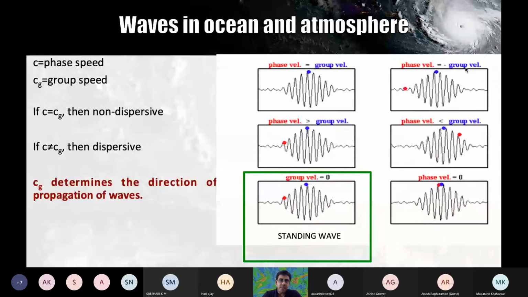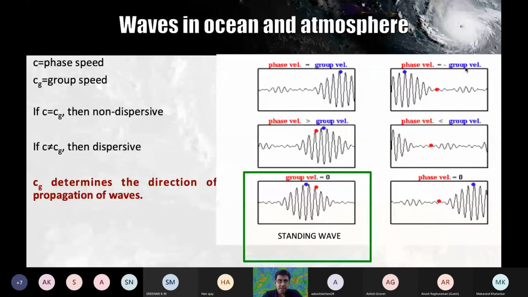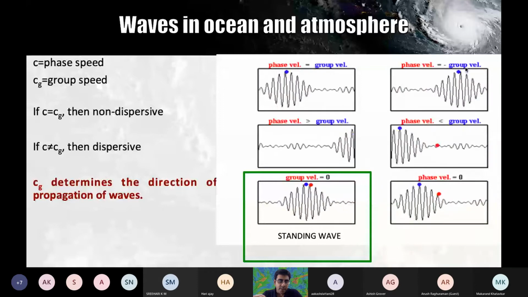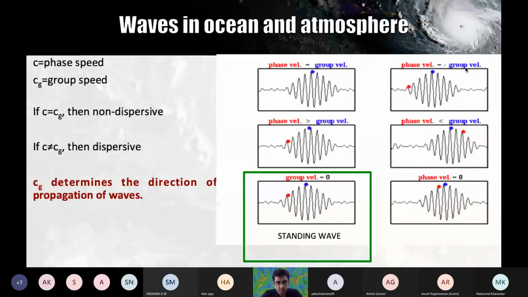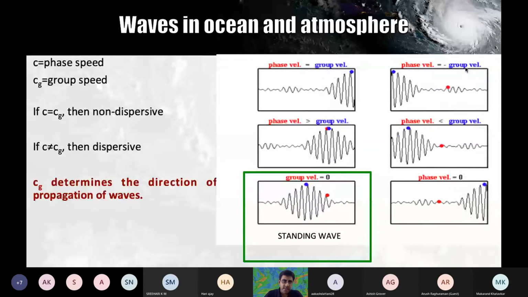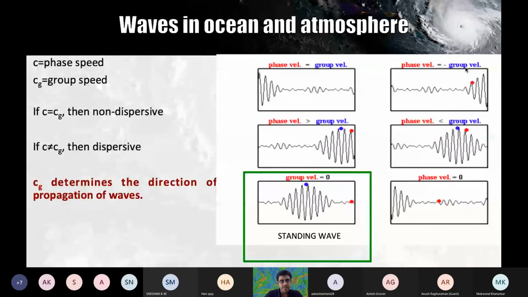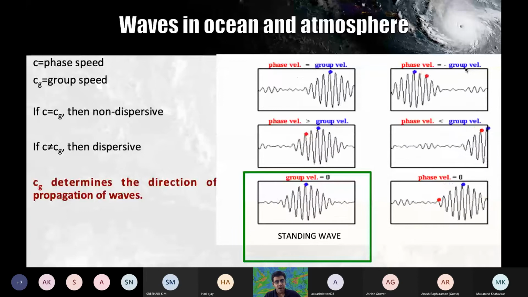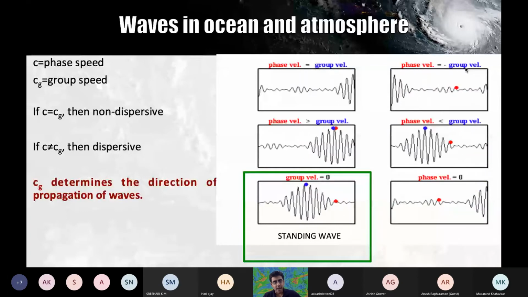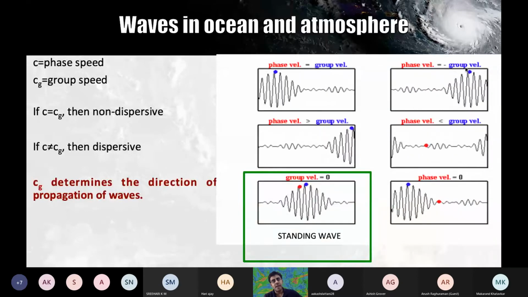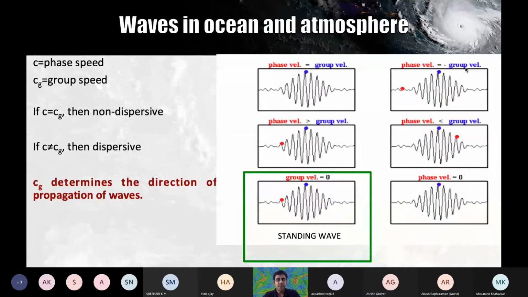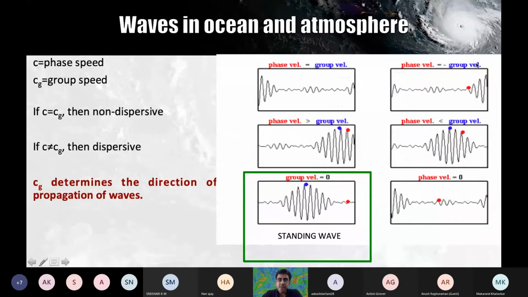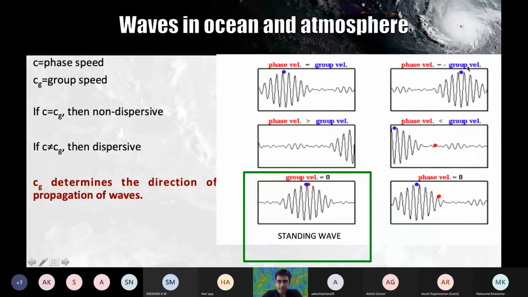This matters for weather because we sometimes see that the wave has passed into the Arabian Sea, but then the system is forming in the Bay of Bengal. That is because although the wave is moving away, the energy is being transferred in the other direction, and that has helped in the formation of a system. That is mainly because of the inverse relationship between phase and group velocity.